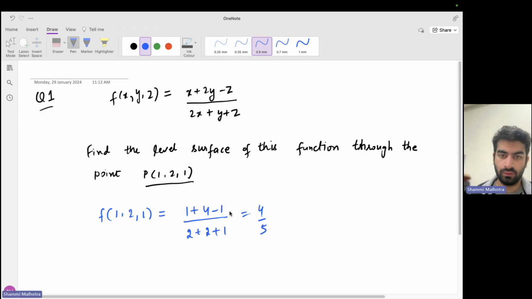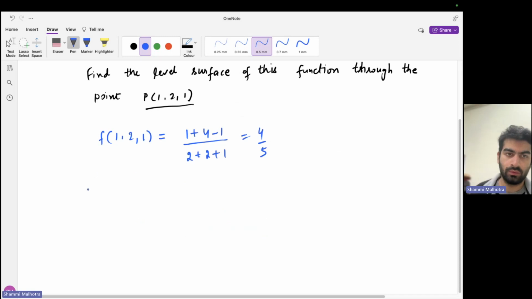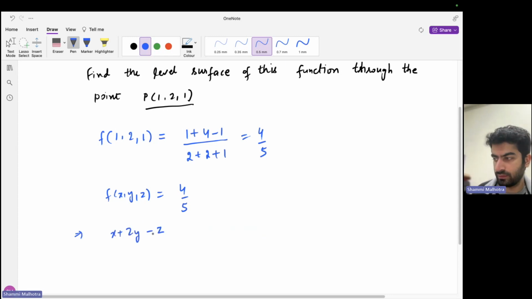So we just consider f(x, y, z) equals 4 by 5, where the function is (x plus 2y minus z) divided by (2x plus y plus z), and this has to equal 4 by 5.